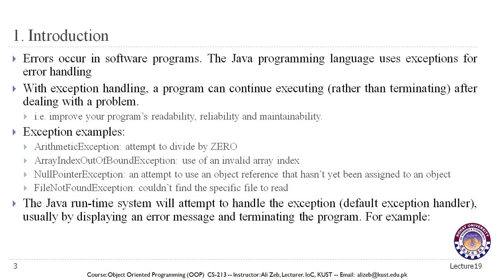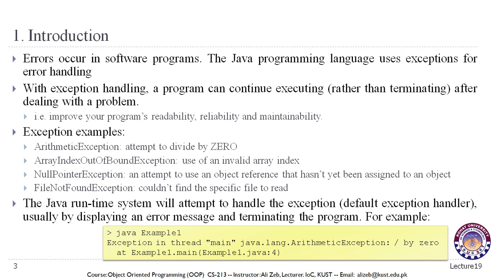The Java runtime system will attempt to handle exceptions. If we do not use exception handling, the Java runtime attempts to handle the exception with the default exception handler, usually by displaying an error message and terminating the program. For example, what we have seen so far is that whenever we get an error anywhere in our program, Java handles that error by terminating the program and guides us to that error through a certain line.